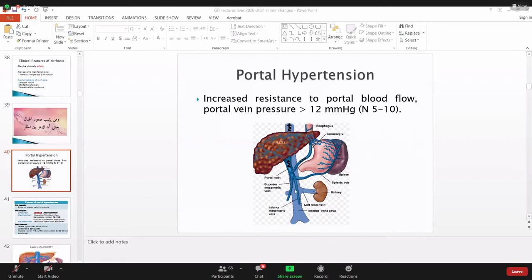The portal circulation, زي ما حكينا, the portal veins collect from the GI tract عشان تاخد nutrients عشان يصير هذه detoxification in the liver through branches of the GI tract اللي هم inferior of the veins going out of the GI tract.